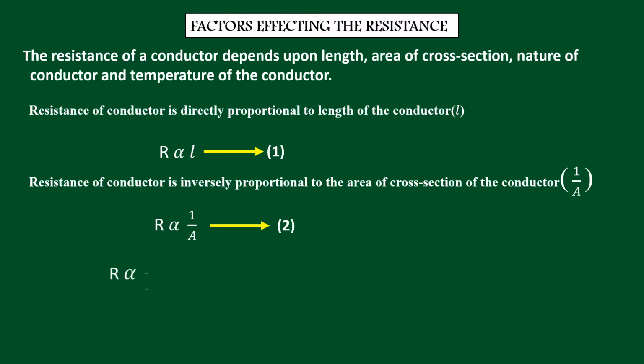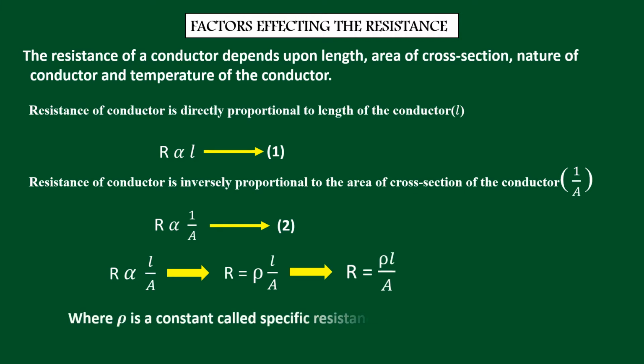By combining these two equations, we get R is proportional to L by A, which gives R is equal to rho into L by A, which can also be written as R is equal to rho L by A, where rho is a constant called specific resistance or resistivity of conductor.